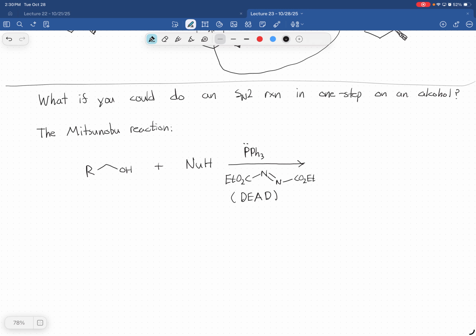This is abbreviated DEAD, and the full structure looks like this. An ethyl group, CH3CH2, it has 2 esters coming off it, and the nitrogen atoms are still right there.